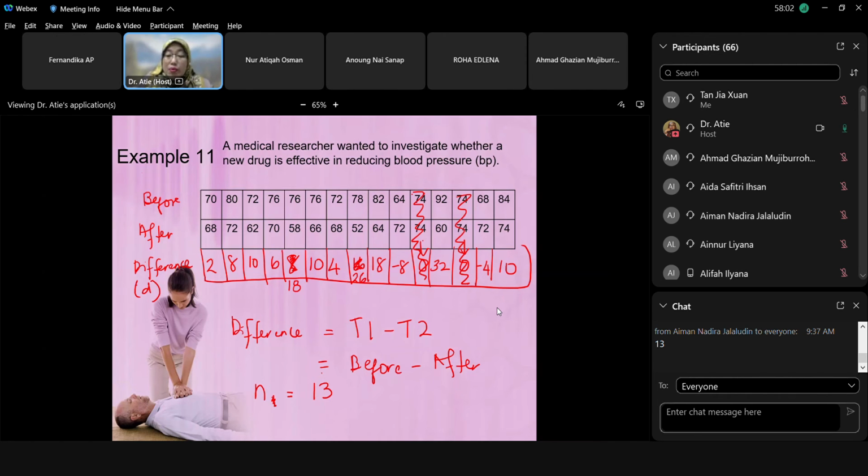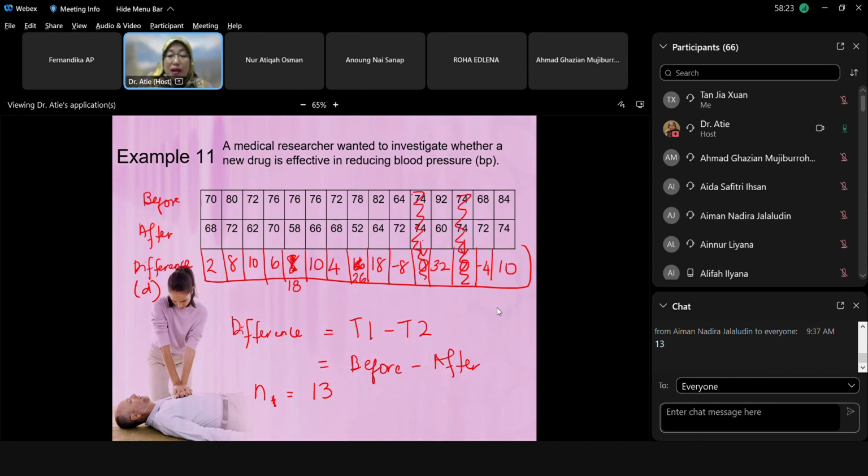Okay, now when you want to enter the data in your calculator, you need to enter only the difference part, the difference column or difference row. So you need to enter 2 plus 8 plus 10 plus 6 plus 18 plus.